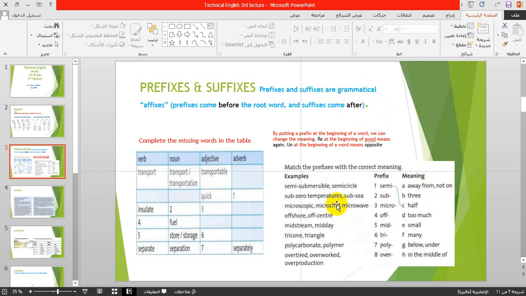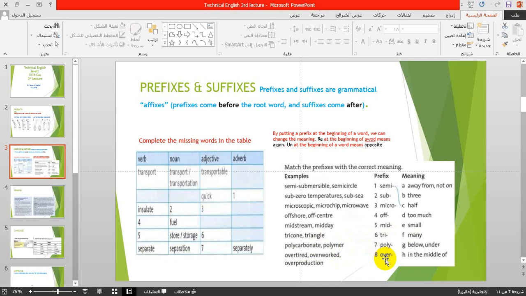Tri, three: triangle, tricon, triangle. Poly, many: polycarbonate, polymer.